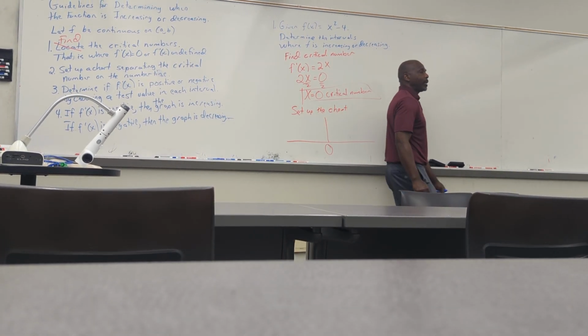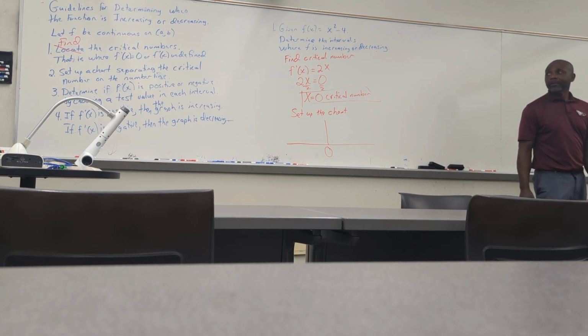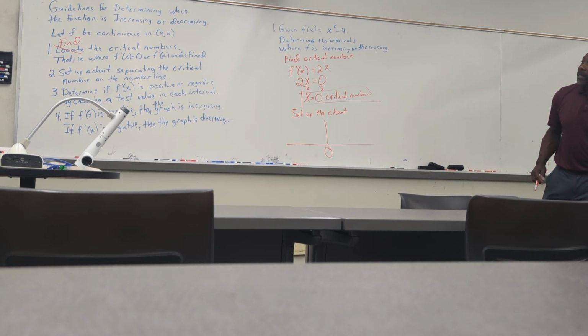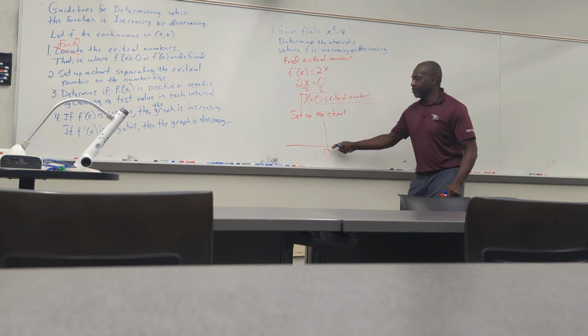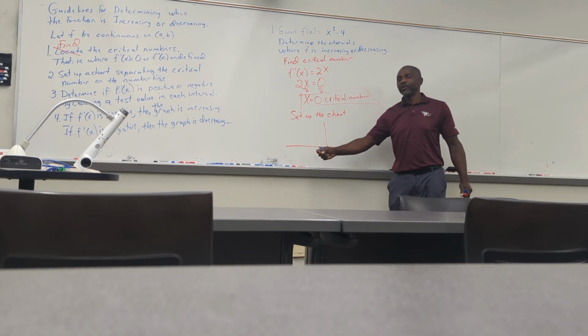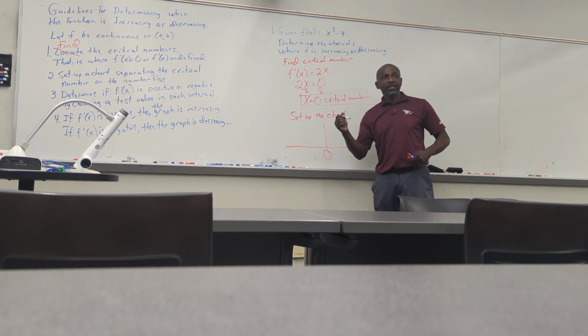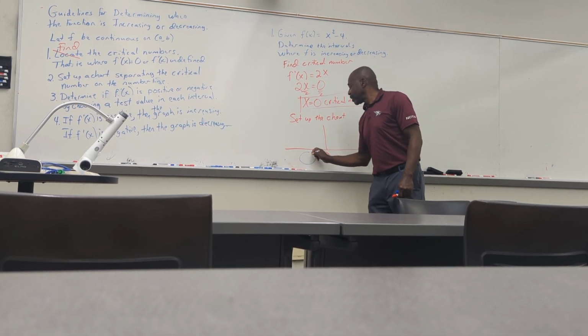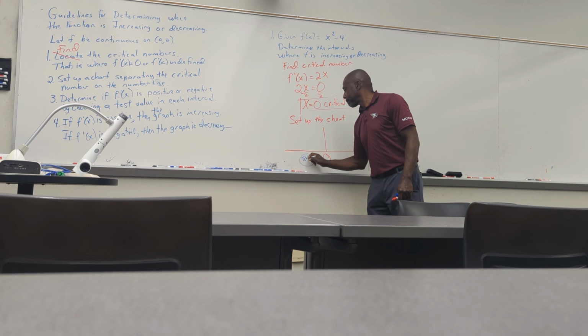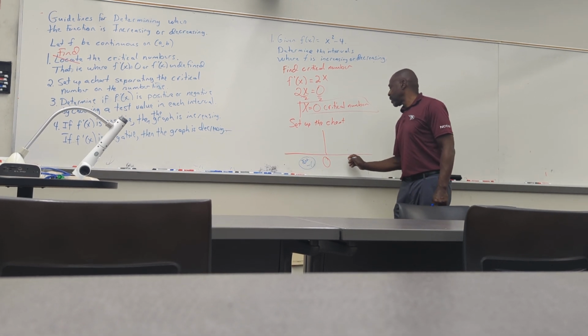We only got one. And then it says, by choosing a value in each interval. Now class, this separates at 0. All I want you to do is tell me a number on this side of 0. Pick a number on this side of 0. -1. Someone told me test -1. What's the value on this side? 1.